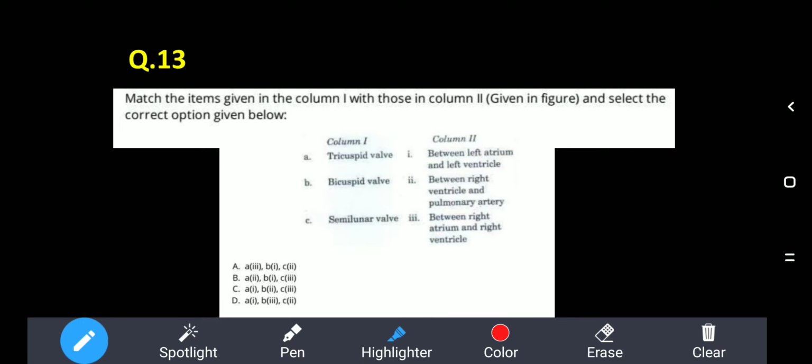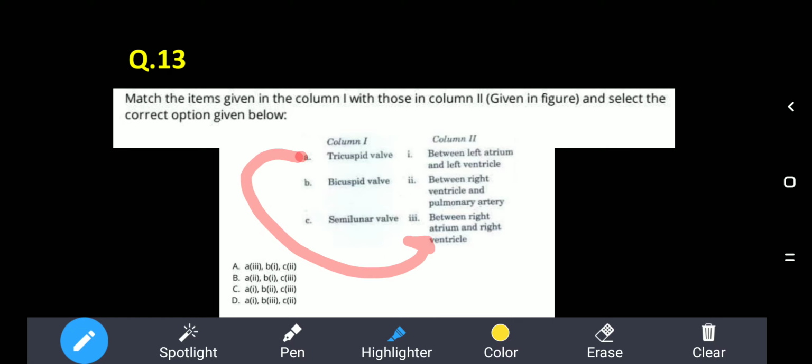Tricuspid valve is present between right atrium and right ventricle. It's a direct question, not much explanation in it.